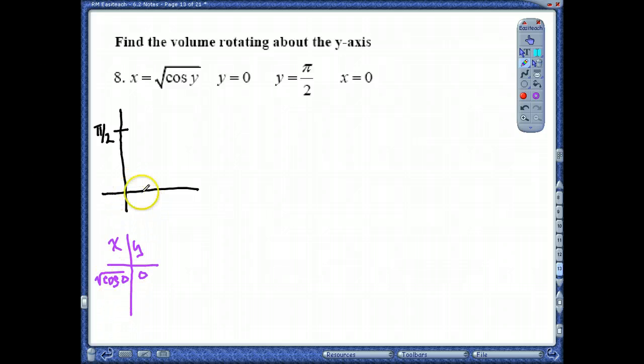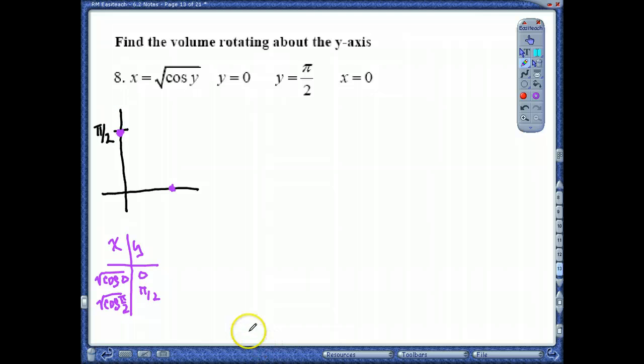So at y equals 0, x is at 1. Well, when I put pi over 2 in here, that's going to give me the square root of cosine of pi over 2. Well, the cosine of pi over 2 is 0, so that's going to be here.